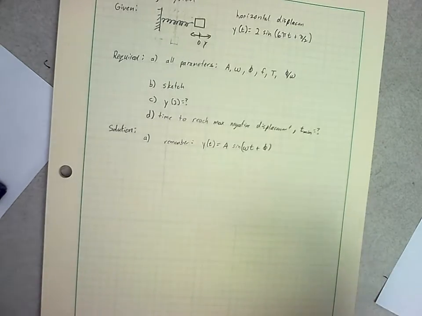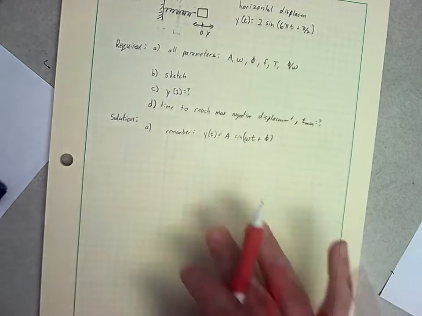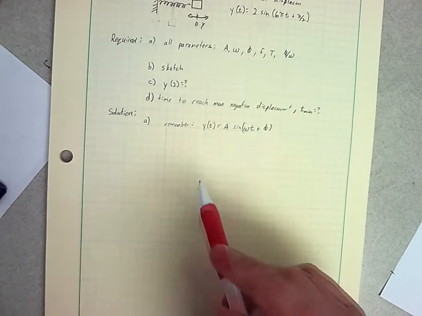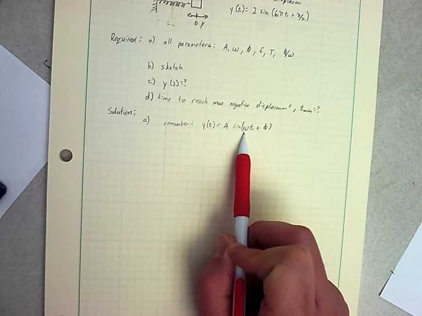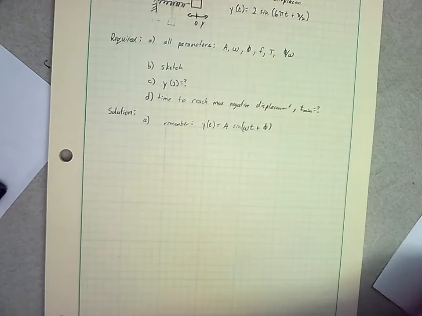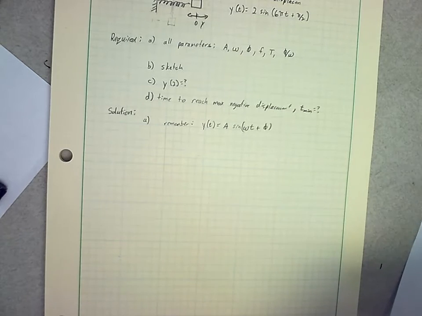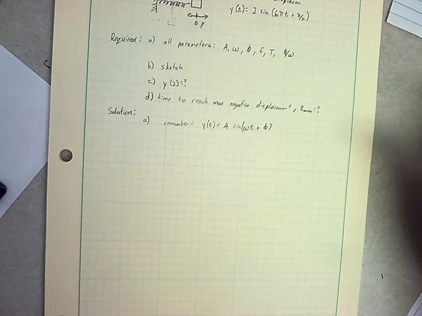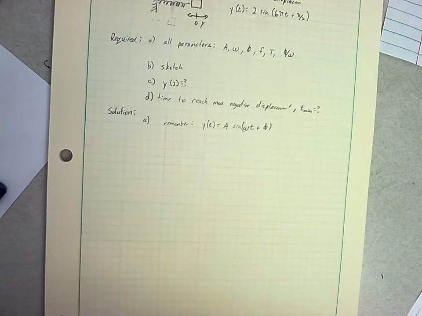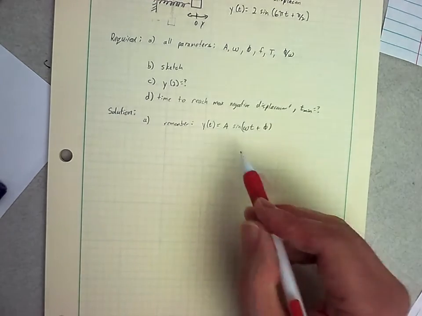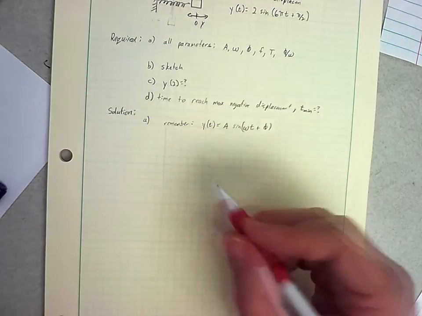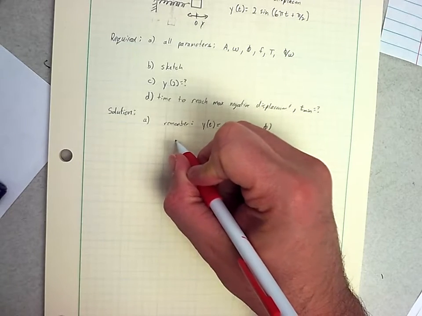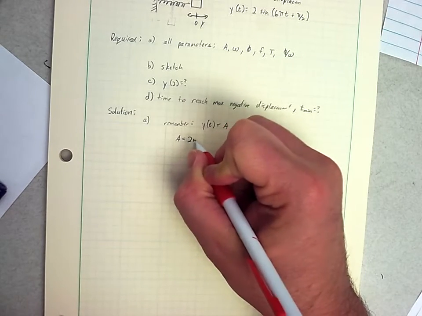So part A asks us to determine all the parameters. If we remember from our previous work, y of t is the amplitude times the sine of the angular frequency times t plus the phase angle. So we've already got 3 of our parameters solved for us, and we find that to be the case quite often. We've got that A is 2 meters.